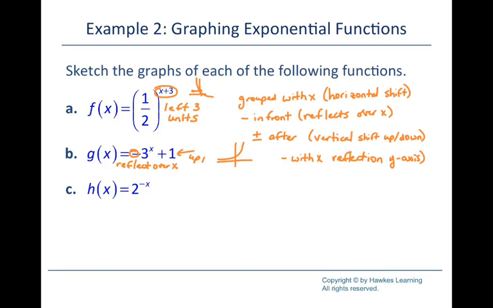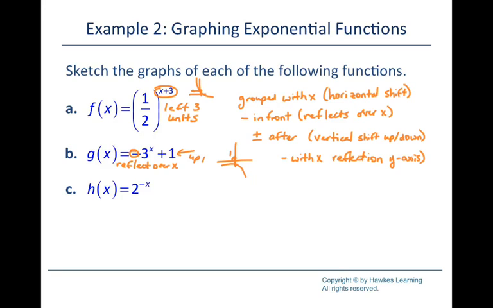If it reflects over x, it's going to now look like this. And from this point here, it's going to shift up 1 space. We'll look at the graphs in a minute.